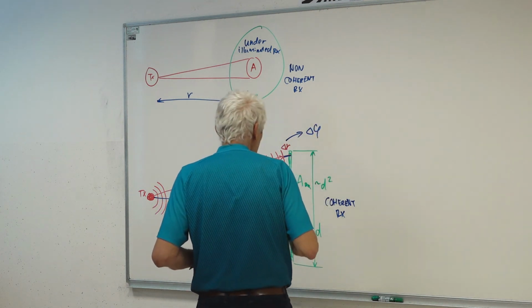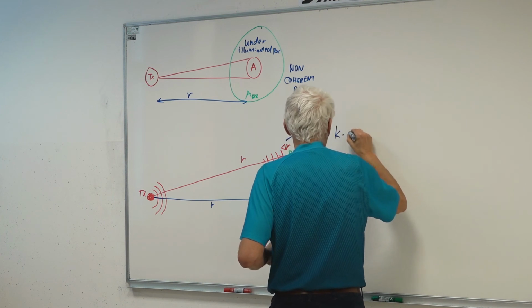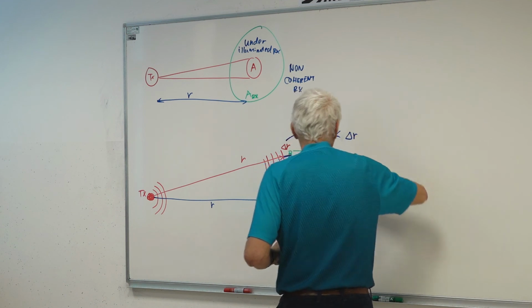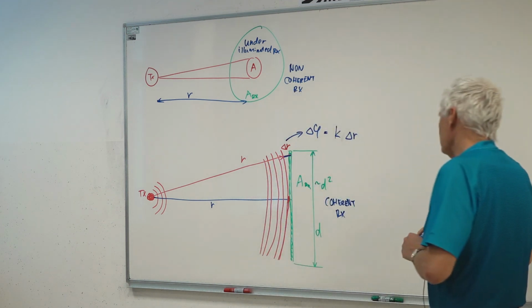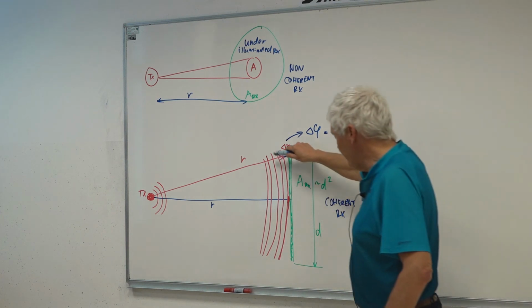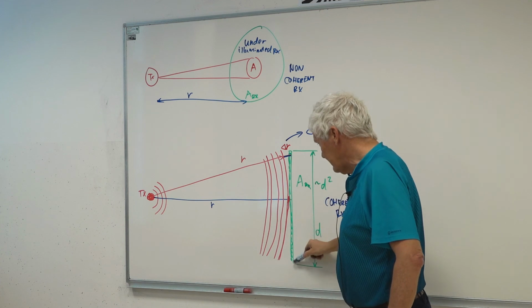This phase error is comparable to what? Wave number times delta R, without the dot. I prefer not to write dots. We make a phase error over there because the wave fronts are spherical while our antenna array is flat.